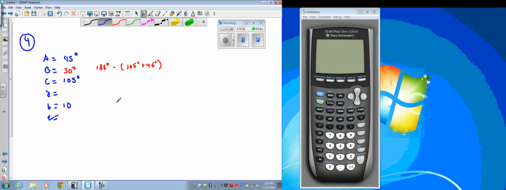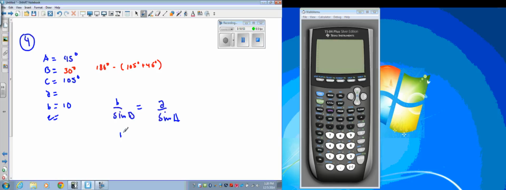So I would have to use the B over sine B and get, if I was trying to get A, then it would be A over sine A. So the values I'd put in would be 10 over sine of 30 degrees equals unknown value A over sine of 45 degrees.